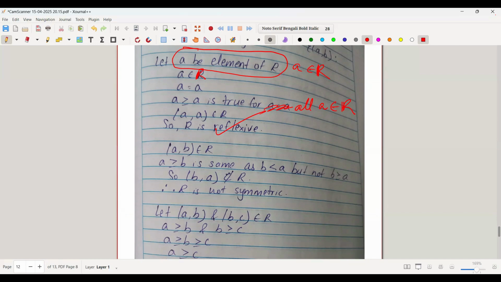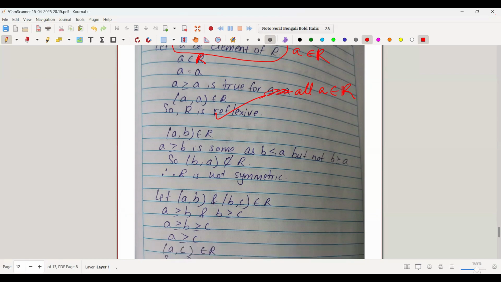(A, B) belongs to R. So here you can write (A, B) belongs to R. That implies A is greater than equal to B. This implies B is less than A. Sorry.